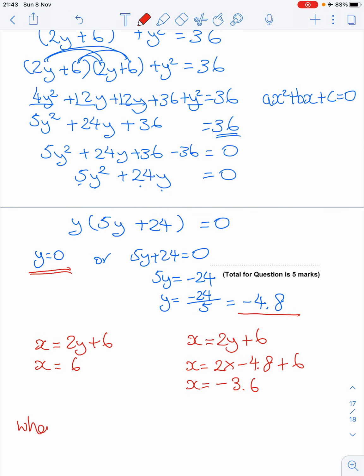So our solutions are: y equals 0, x equals 6, or y equals minus 4.8, x equals minus 3.6.